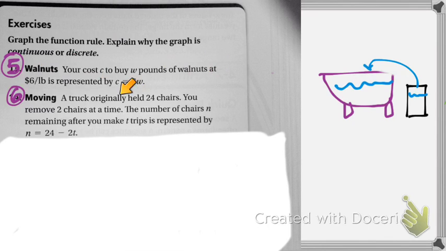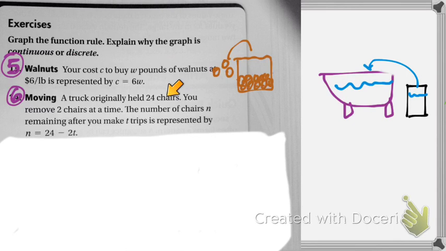So this would be continuous. If you want to think of it, you've got a bag and you're filling the bag up with walnuts. I could put any amount of walnuts in there that I want to make a pound. So I'm going to say that one's continuous.